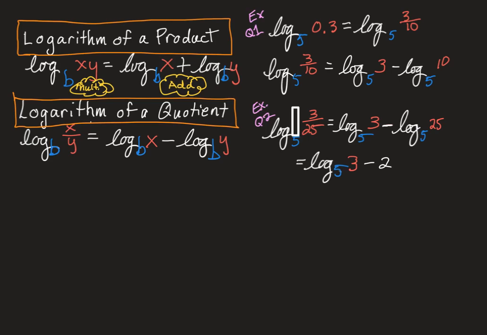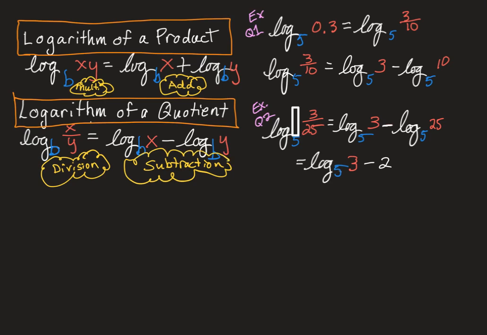In the logarithm of a quotient, you are going from a quotient or division to subtraction or a difference. All right? So think of that when you're thinking of these.